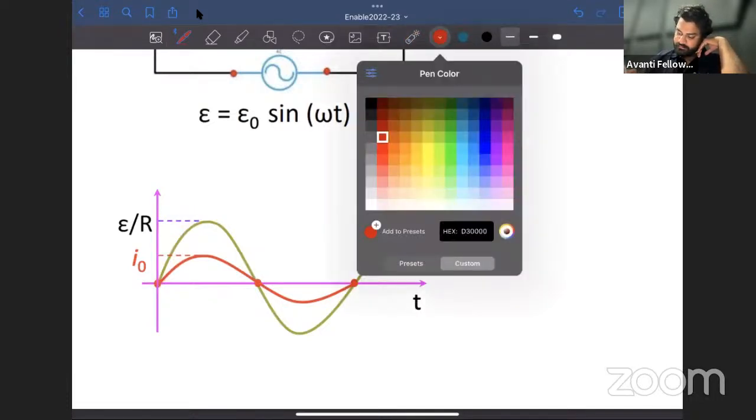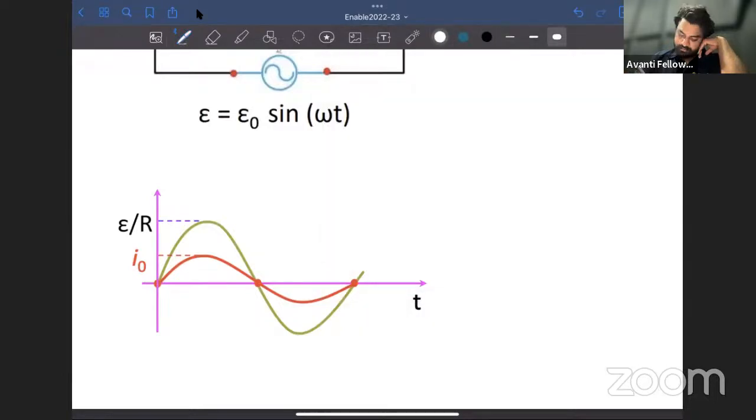Wait, let me correct it quickly. Okay, just a second.